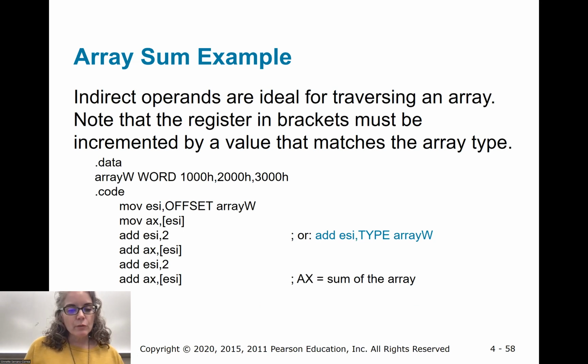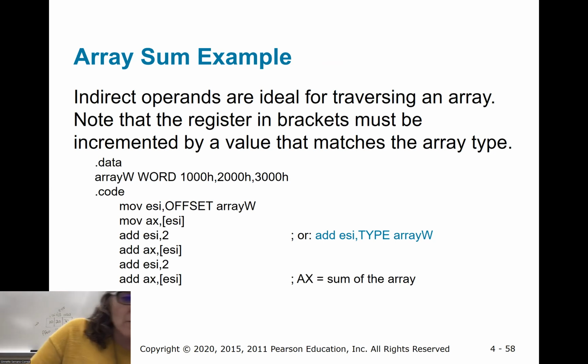Okay, array sum example. So in this example, we're using indirect operands for traversing an array. Traversing means going through the array. Note that the register in brackets must be incremented by a value that matches the array type.